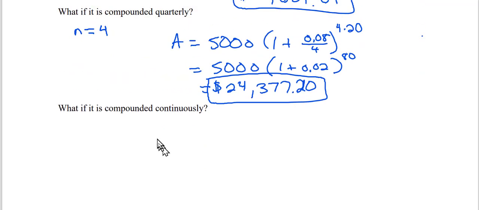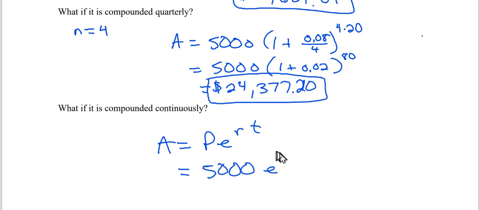Compounded continuously, we are just using that formula, P e to the RT. P is 5,000. R is 0.08 and T is 20. The rest of it, the compounding periods, are kind of worked into that e. So 5,000 e to the, what is that, 0.16? Or 1.6. Yeah, 1.6. So let's do e to the 1.6 power.